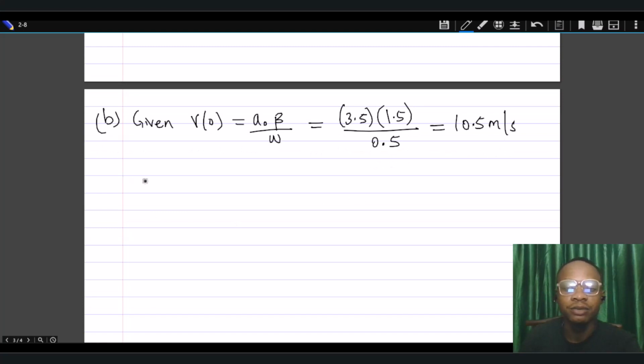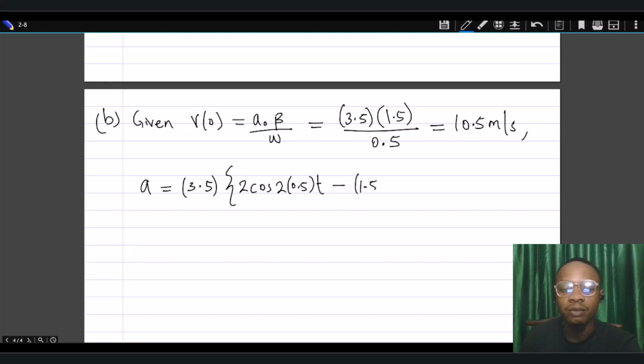We're given that acceleration is equal to a naught, that is 3.5, into 2 cos 2 omega t, where 2 into omega, that's 0.5, multiplying t, minus beta.